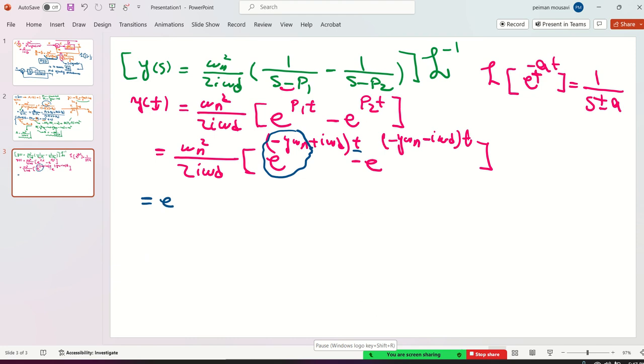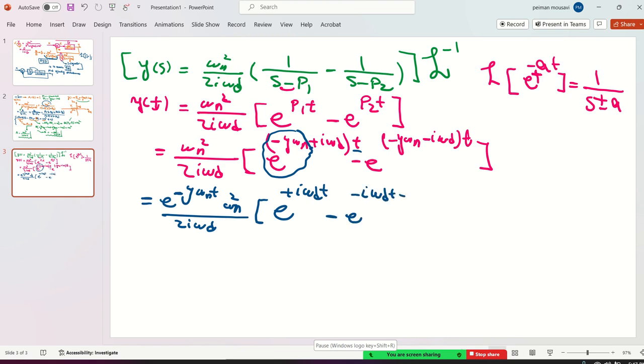So you're going to have e to the minus zeta omega n t, omega n squared over 2i omega d, times (e to the i omega d t minus e to the minus i omega d t). You don't have to know the process.